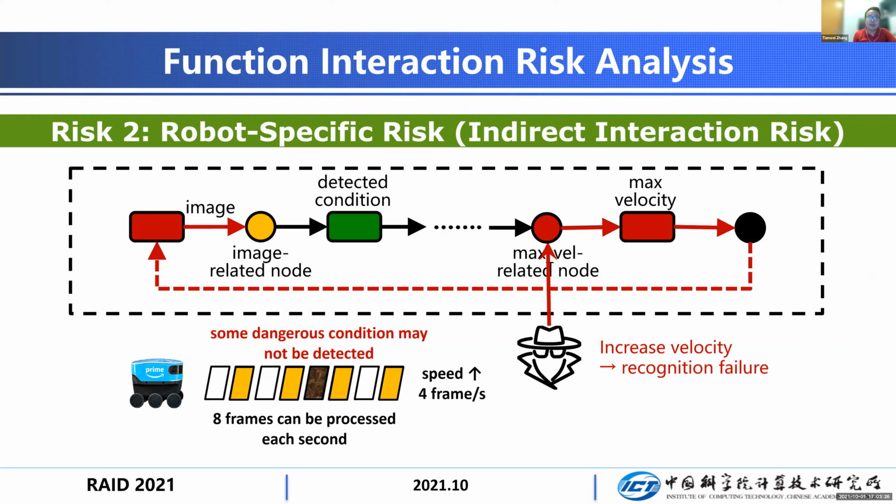The cameras on the robot do not have enough time to capture the surrounding environment, and then the image-related node is not able to fully recognize the surrounding objects. In this case, the image-related node will make the wrong decisions. It may miss some objects because the camera does not have time to capture them. So this is the indirect interaction, because the max velocity-related node affects the environment and then affects the image-related node.